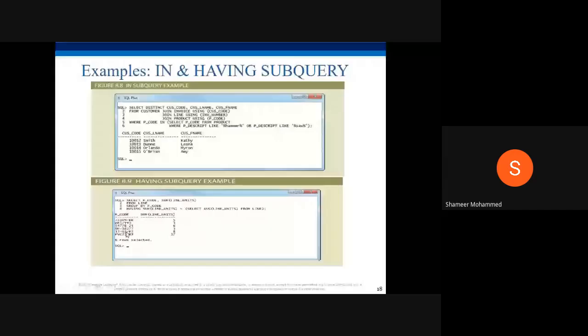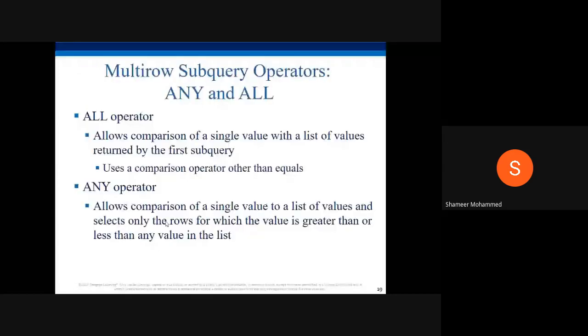Now, multi-row subqueries with operators like ANY or ALL. So the ALL operator, what it will do, it will compare one value with the list of possible values.